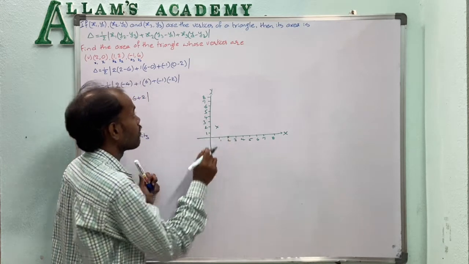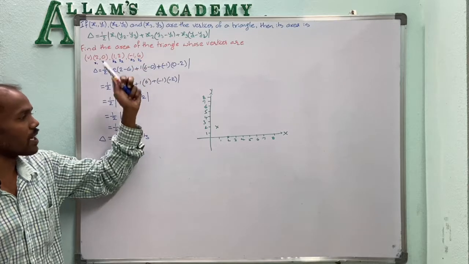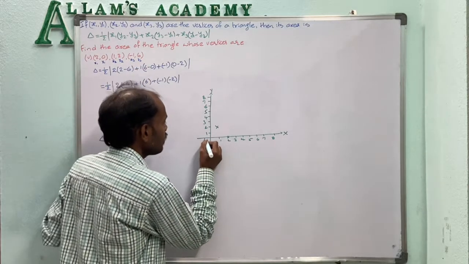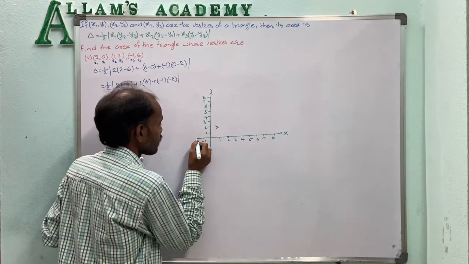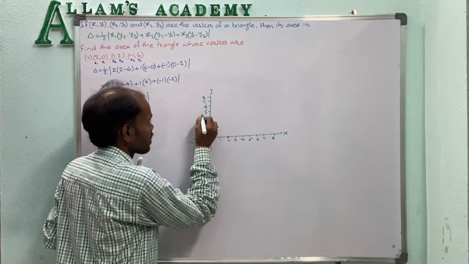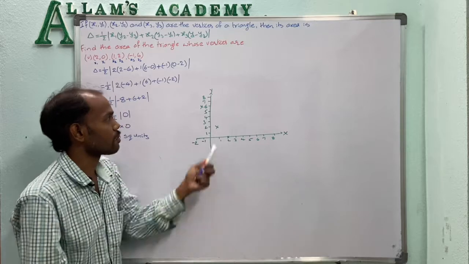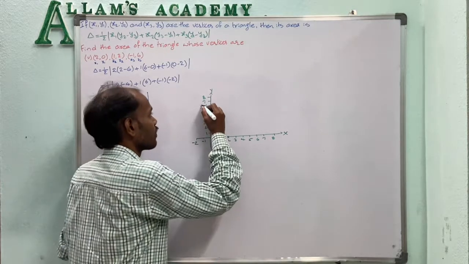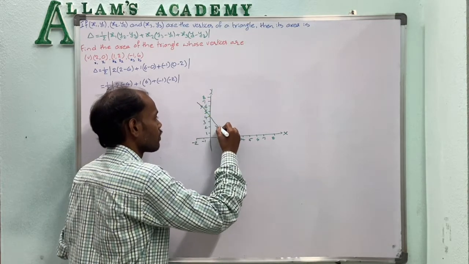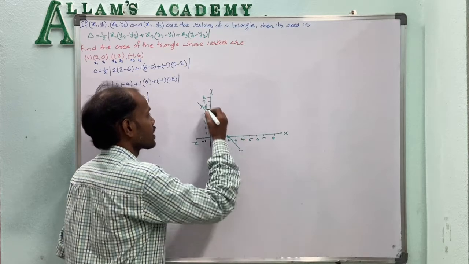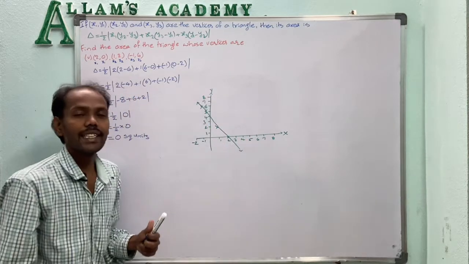The third one is minus 1 comma 6. Now if we join these 3 points, in this case we can't get a triangle.